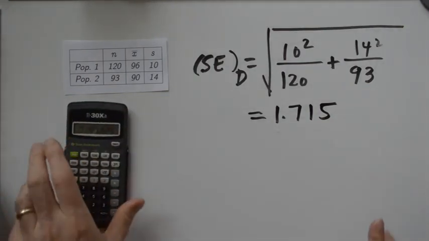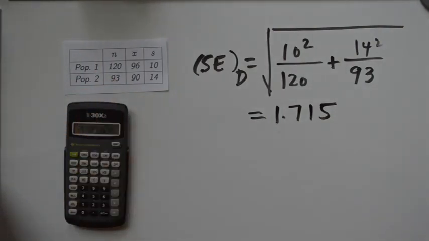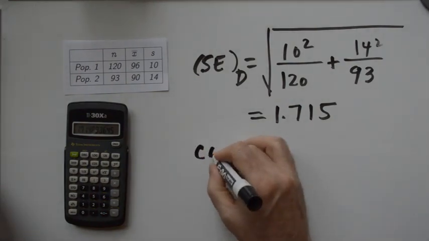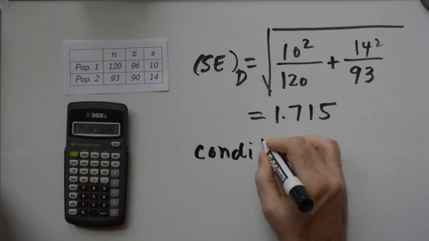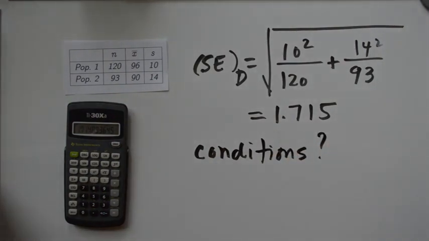All we had to do was just get used to using our standard error form and pulling the information out of this table. Now, the second part of the question asks us, do the standardized differences in sample means follow a t-distribution? And this is really just a question of, are the conditions in place? Are we allowed to use the t-distribution? Are the conditions that underlie the theory in place?